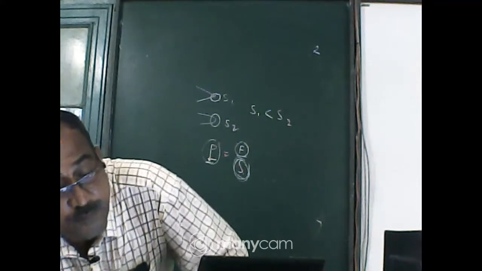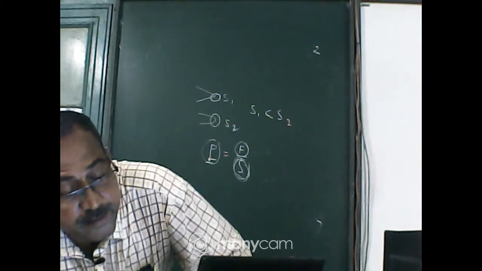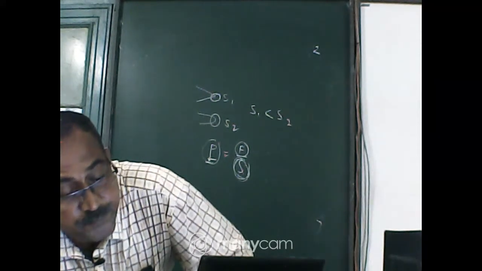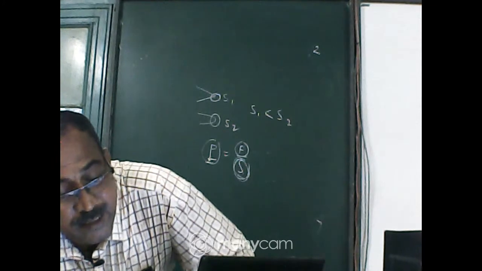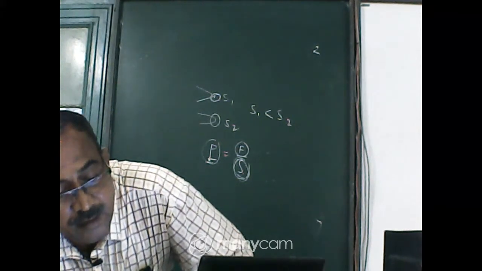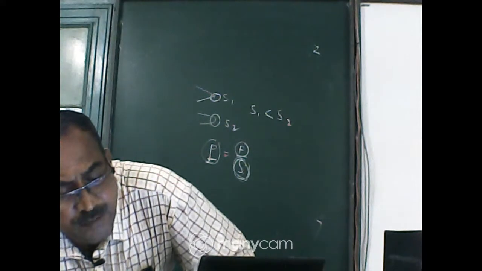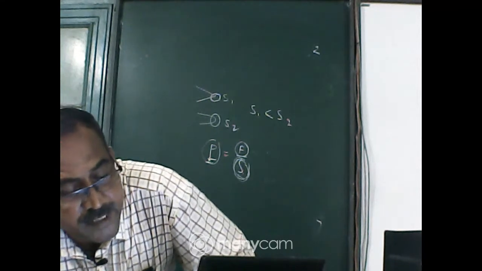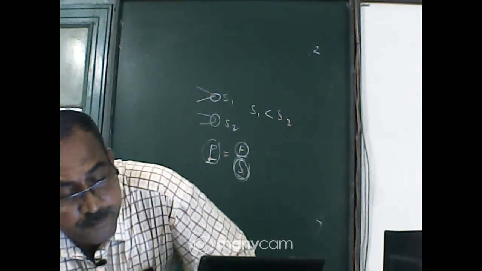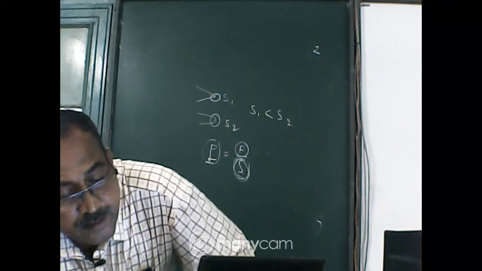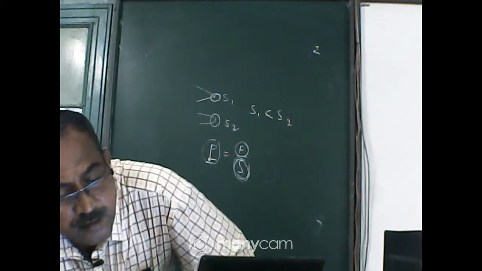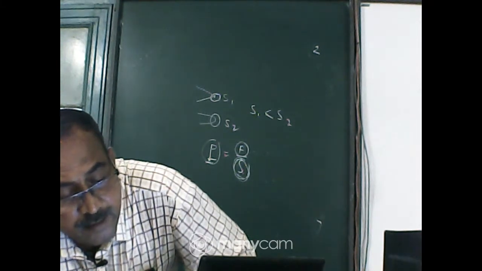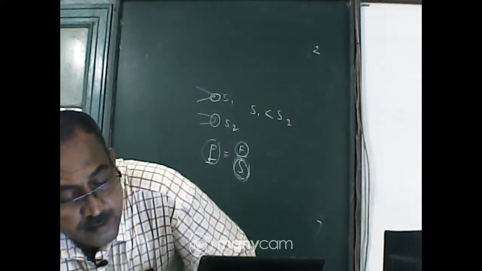A girl of mass 40 kg having velocity 2 meter per second jumps on a stationary cart of mass 4 kg. Find the velocity of the girl when the cart starts moving.